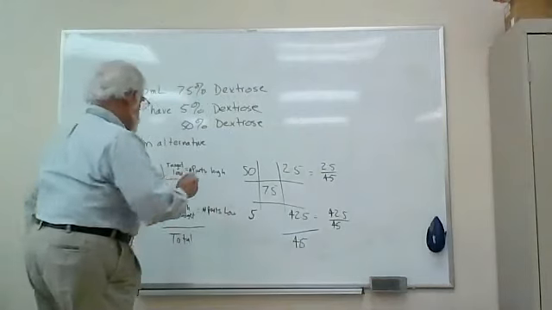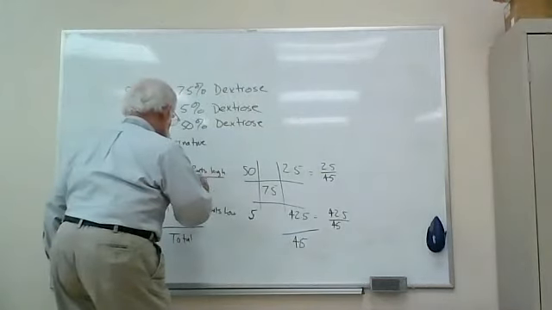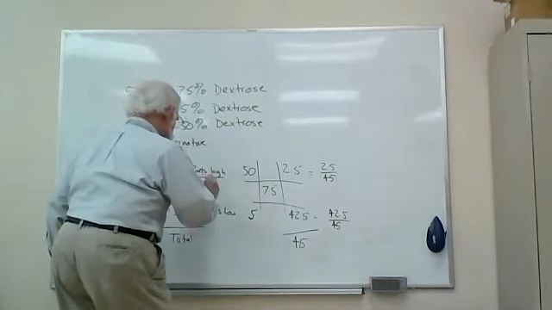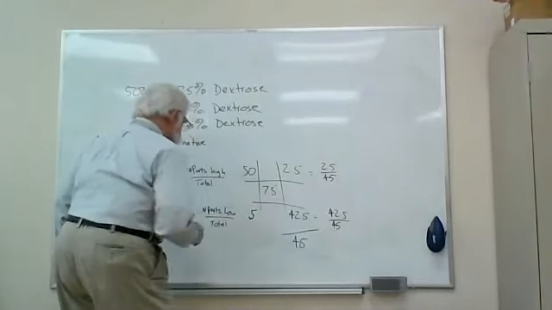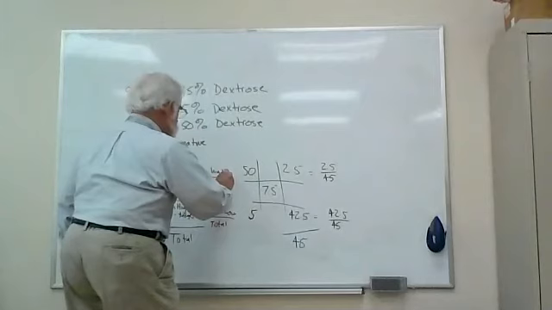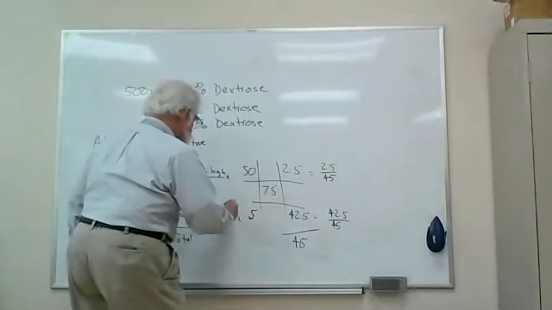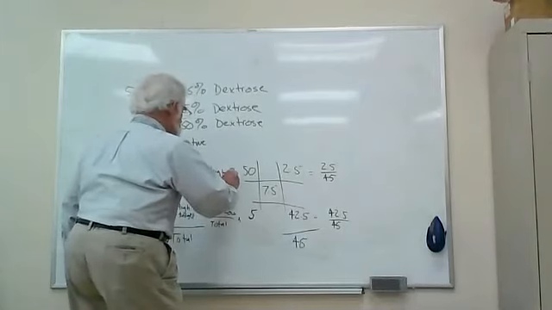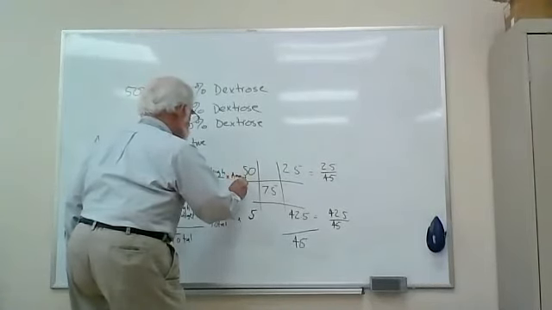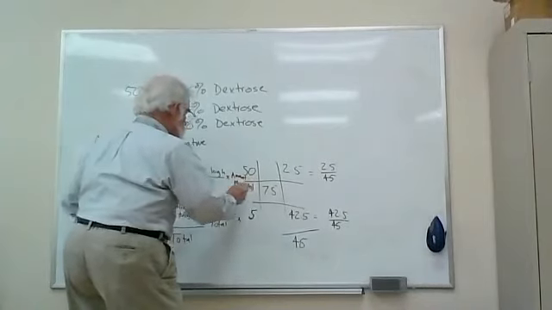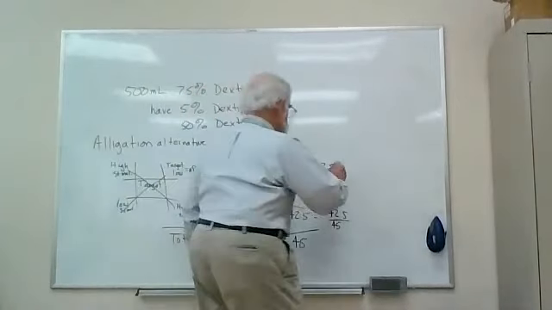So we divide the number of parts by the total, and this gives us a fraction, which we then multiply by the amount of material requested. In this case, it's 500 milliliters.